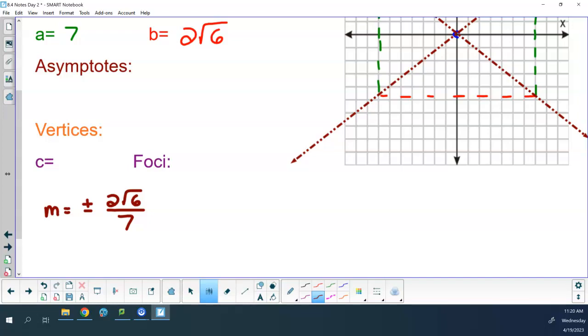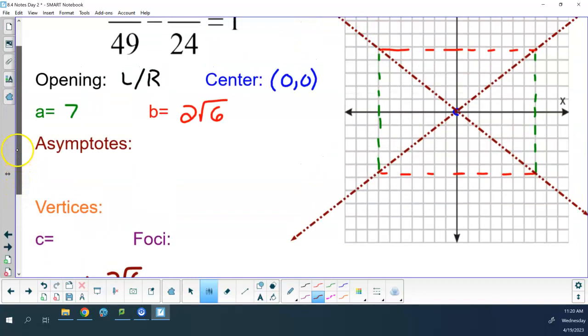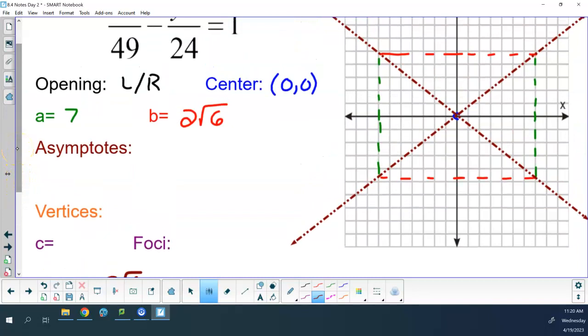What is the y-intercept for both of those asymptotes? 0, 0 is the point that it goes through, so 0, 0 is the y-intercept. What is the b value of that for both of those? 0, because it's the y part of the y-intercept.